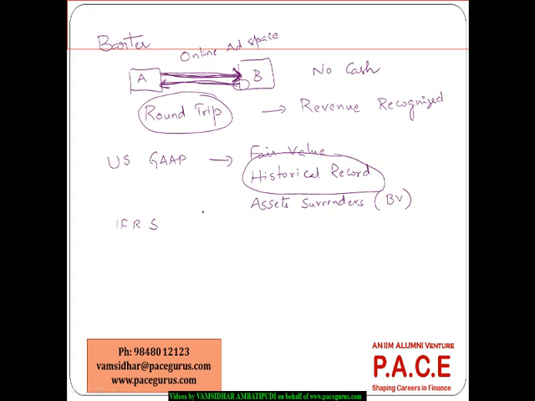Whereas in IFRS, we see something along similar lines: whatever is the fair value of similar non-barter transactions, if they exist in the marketplace with unrelated parties, whatever revenue is received in that particular transaction could be treated as revenue under IFRS, right?